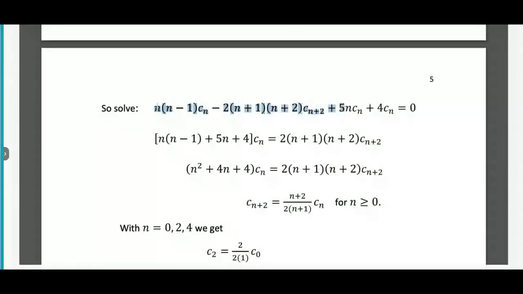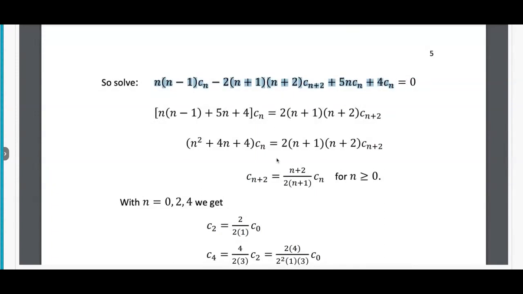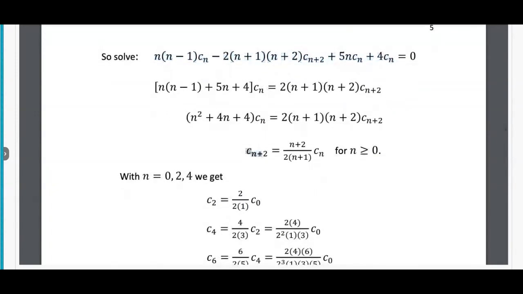Then from there, we're trying to find the relationship among the terms. So indeed, if we simplify this, in the end we did find a relationship not between two consecutive terms, but alternate terms. So the n plus 2 term and the nth term have a relationship that's scaled by this. So the n plus 2 term is such a scalar of the nth term.